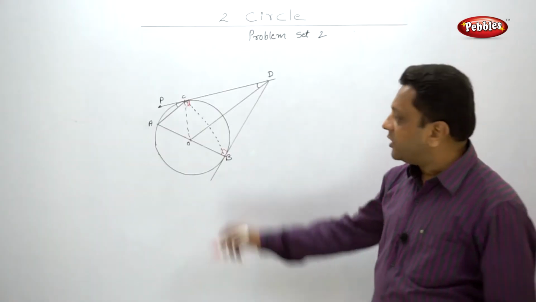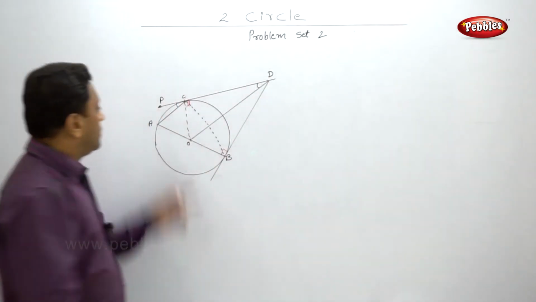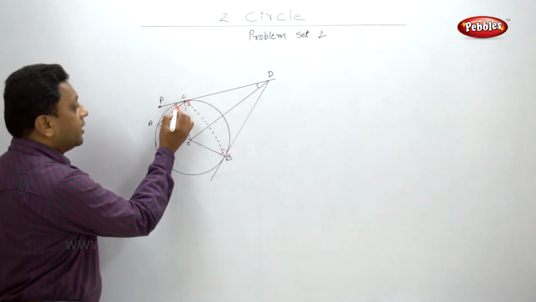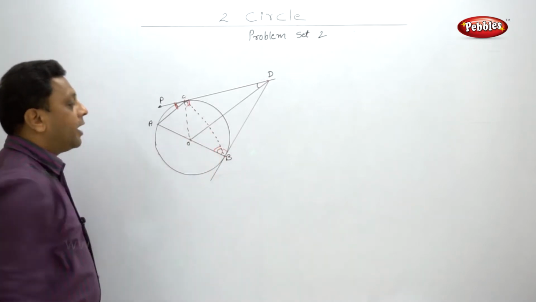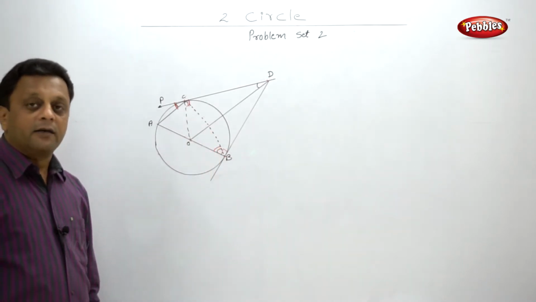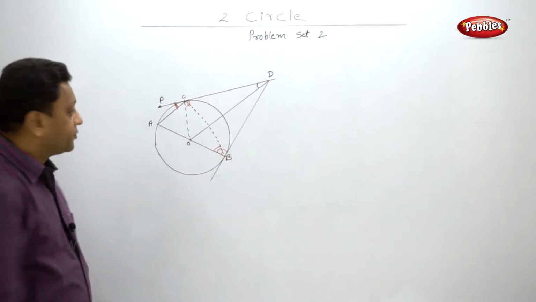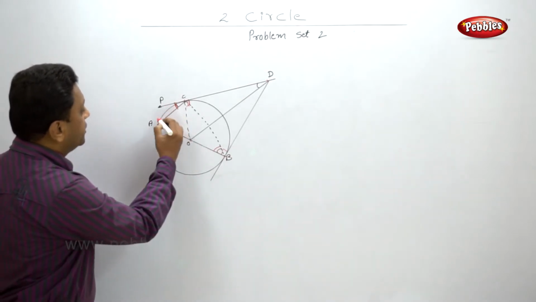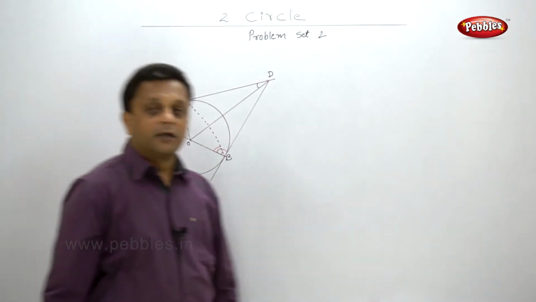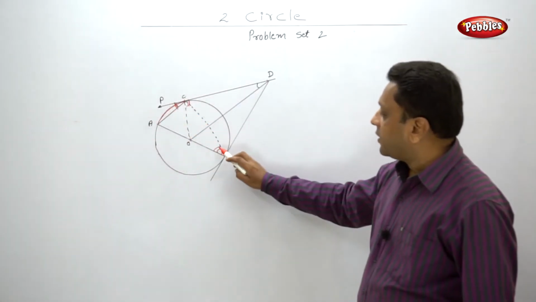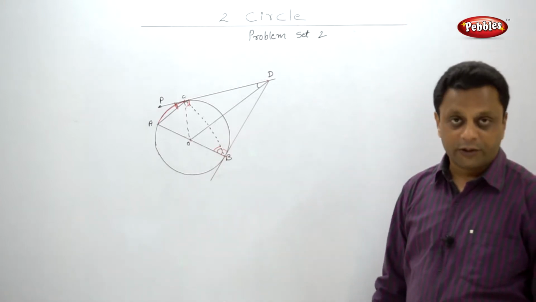Now here can you see that this angle PCO, this angle and this angle are congruent. Why? Because of angles in the alternate segment. This is the segment, and these are the angles in the alternate segment, so this angle and this angle are congruent.